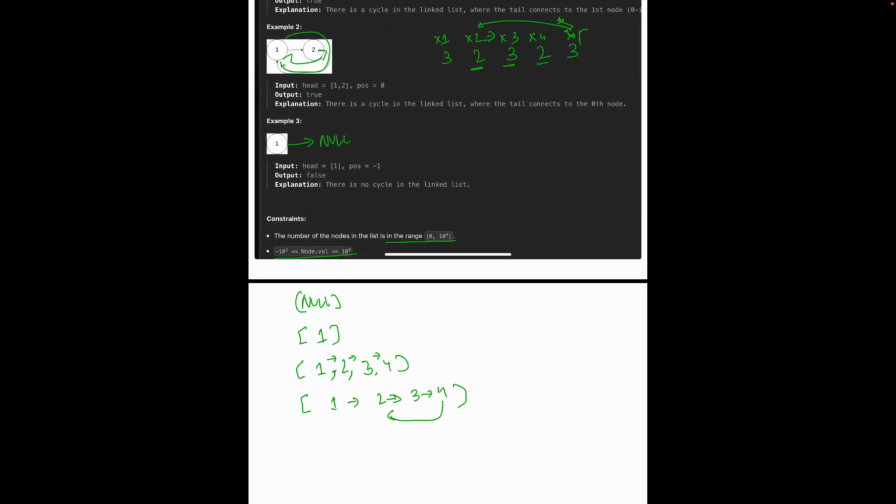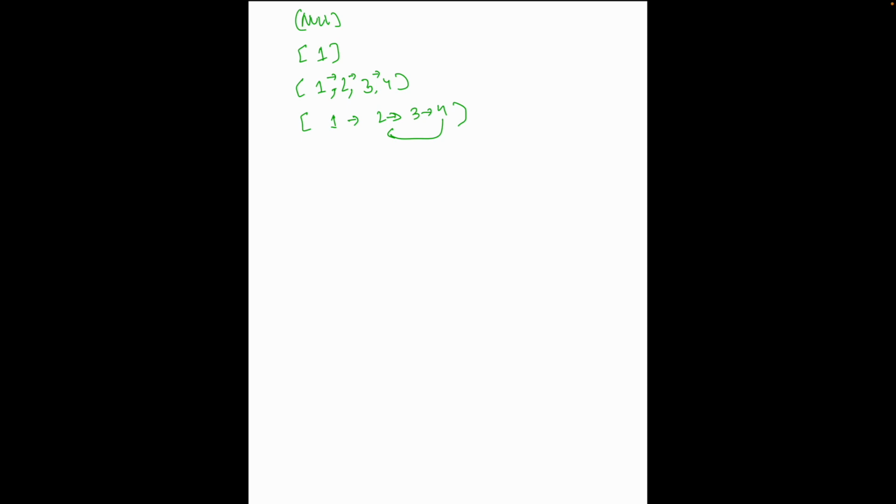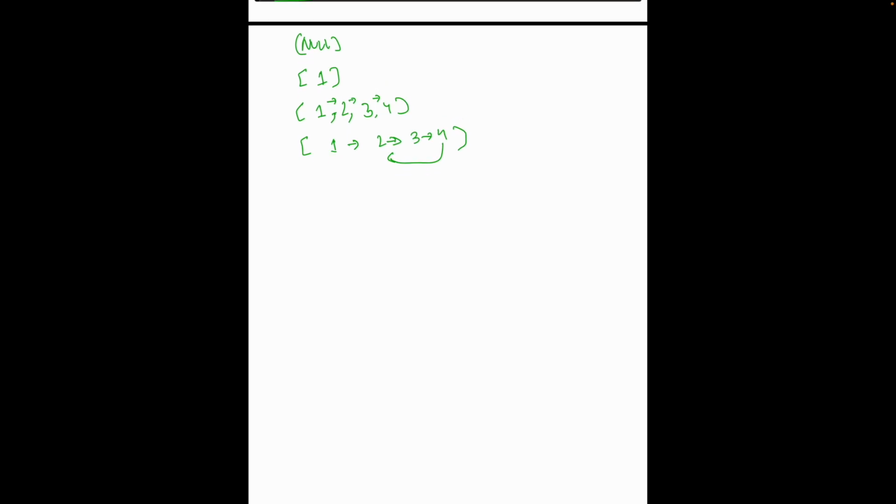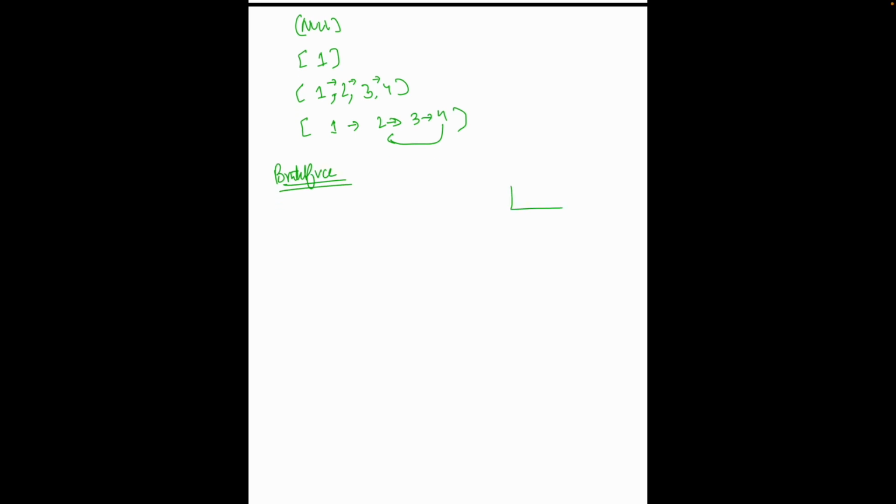All right, one way to do a brute force solution, so let's talk about brute force. What we can do is create a map of int comma int, or if you want you can just create a hash set, I would say.